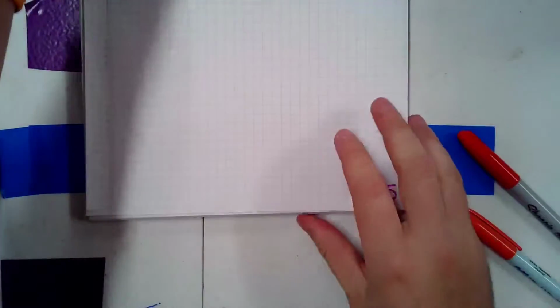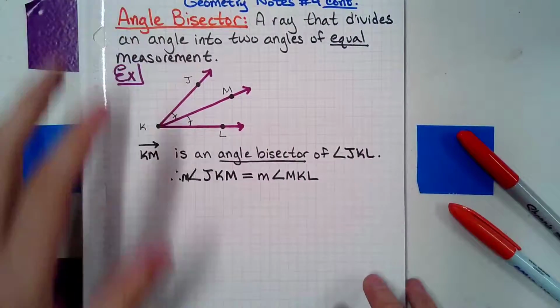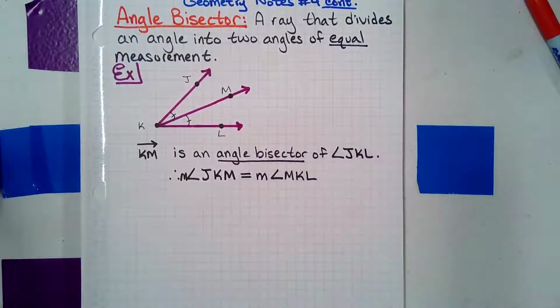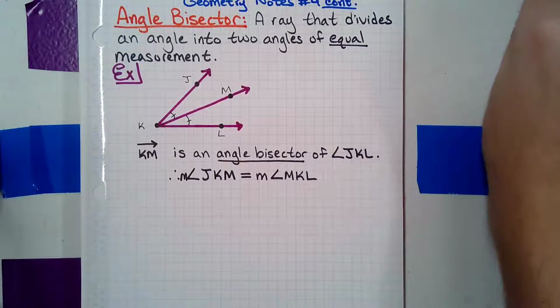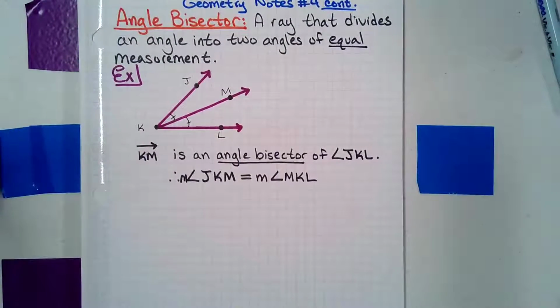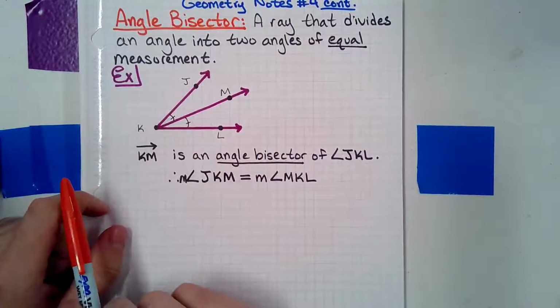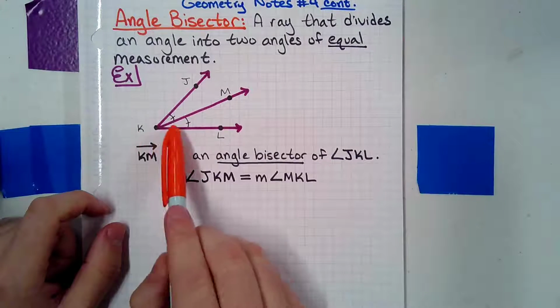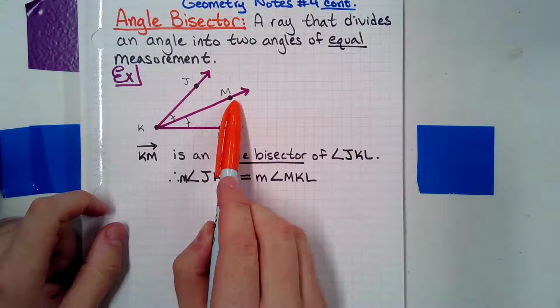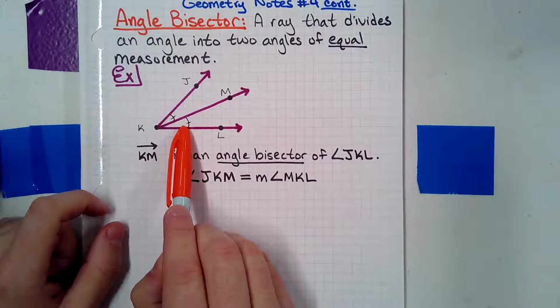Next page. Angle bisector. It's what the people have been waiting for. The new thing, right? Not the old stuff. We already got the old stuff, the familiar. Angle bisector. Bisect. Cut in half, right? So here's an angle. Angle JKL, or LKJ if you wish, is bisected by ray KM. Why? Because look, it cuts it into two equal pieces. How do I know that?